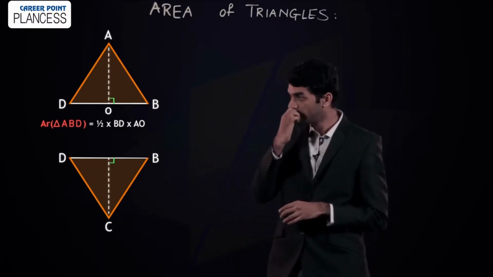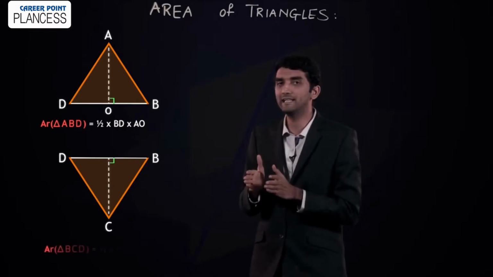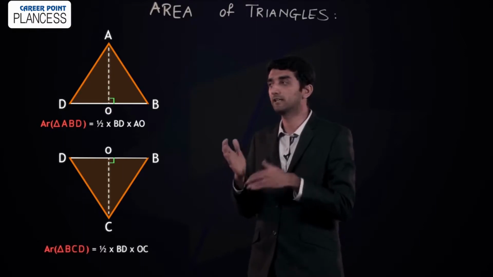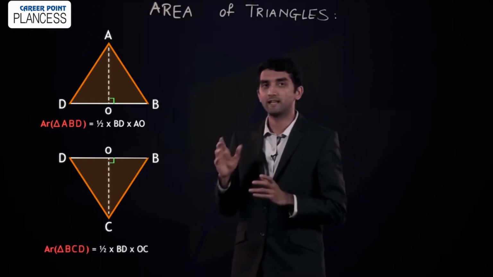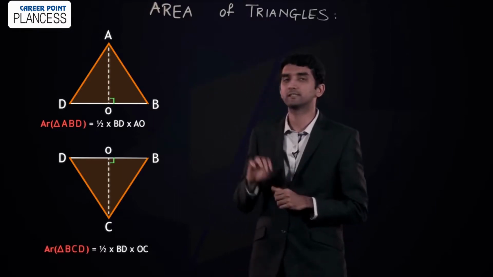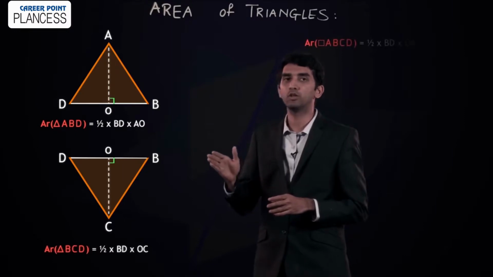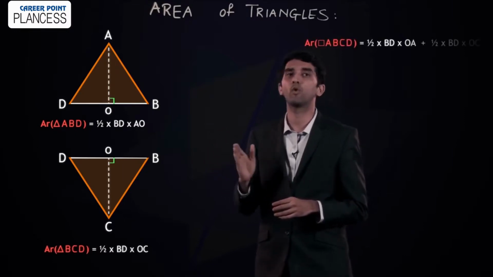Similarly, area of triangle BCD is half into BD into OC, because OC is the corresponding height for the same base BD. Hence the area of the rhombus is half into BD into OA plus half into BD into OC.